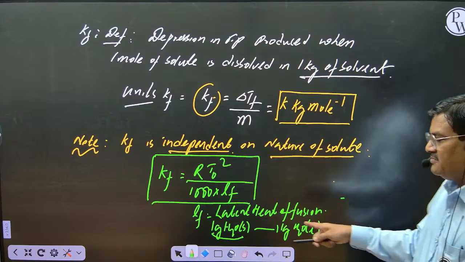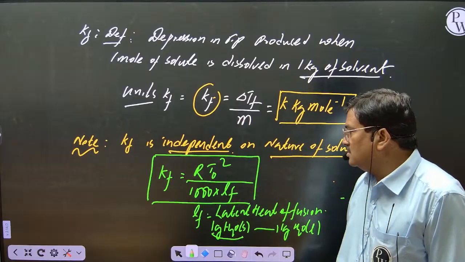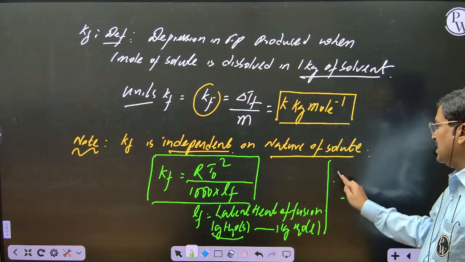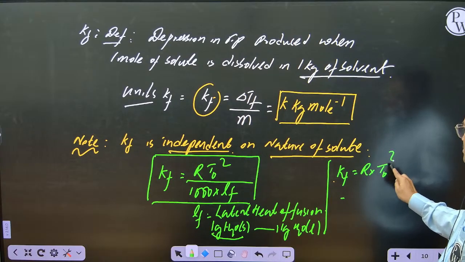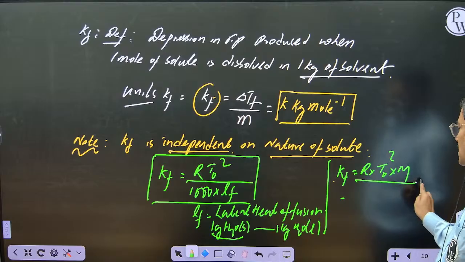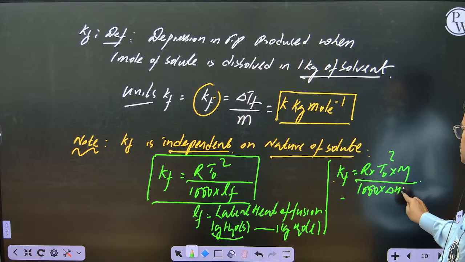Now if I want it for 1 mole, we call it enthalpy of fusion. Then Kf is equal to R into T0 square into capital M, the molar mass, by 1000 into enthalpy of fusion.